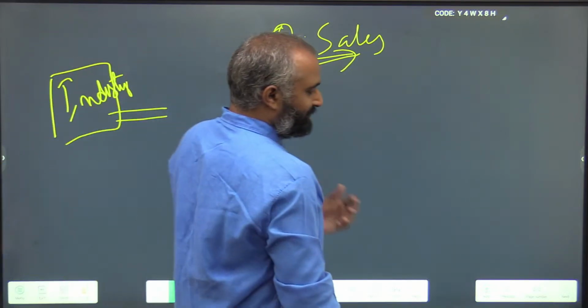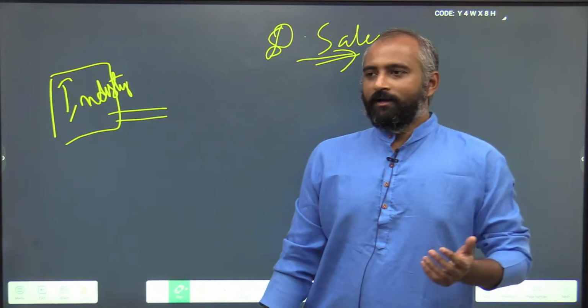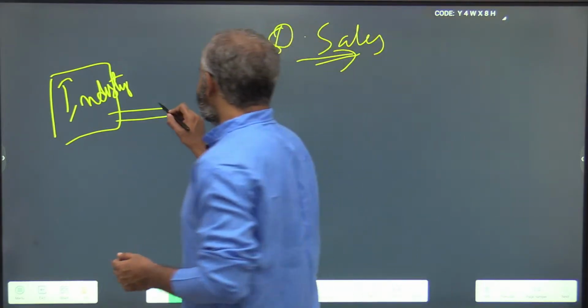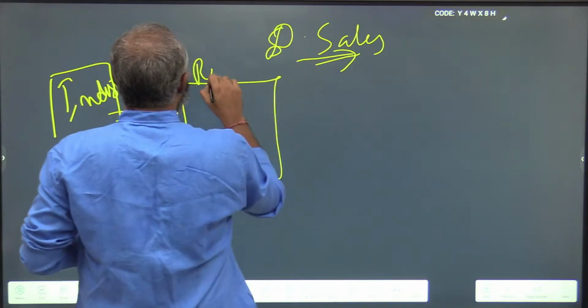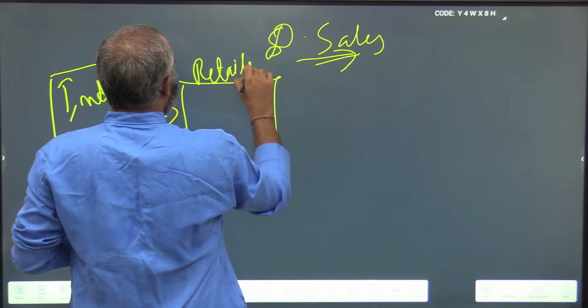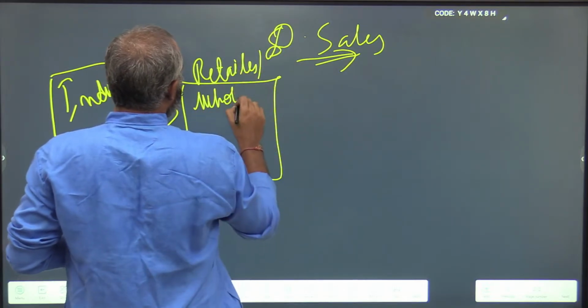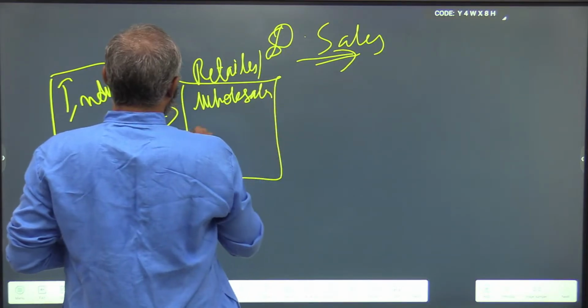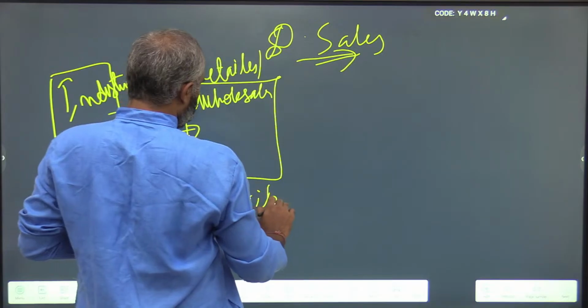Industry doesn't directly sell to mom and pop shops or near to the customers. What industry does? Industry sells to retailers, or sometimes these are also called as wholesalers, or distributors, and so on.